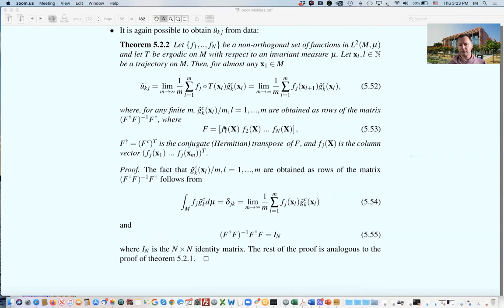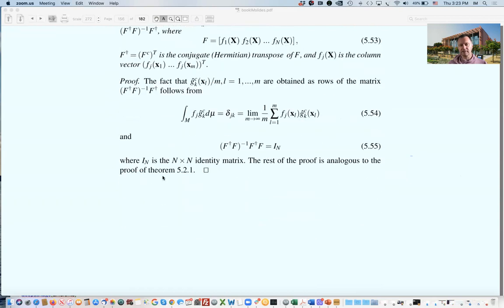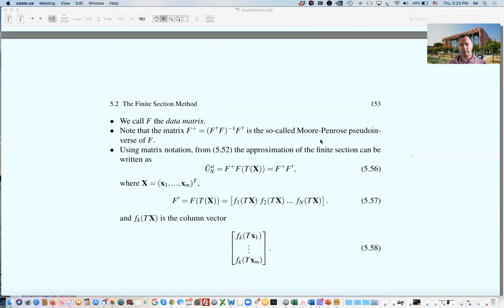So the best we can do in that case is a pseudo-inverse. If you multiply F from the left by this, you get the identity. That's the idea, that multiplying F by this gives the identity. So if this was a square matrix, you would really multiply it from the left by F inverse. Analogously, but for a non-square matrix that doesn't exist, and so this is called the Moore-Penrose pseudo-inverse.